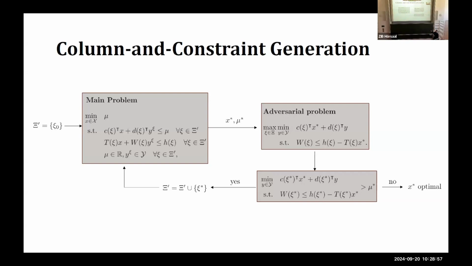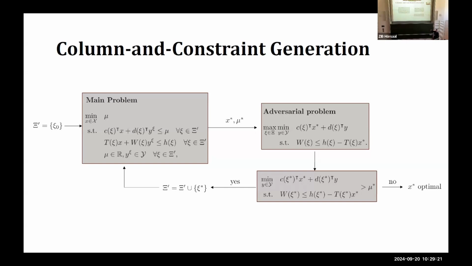You plug in your X star solution and solve just the inner max-min problem. If this gives you a value which is larger than mu star, that's what you see here, then you found a scenario which is violating your constraints, so you add it to the main problem.